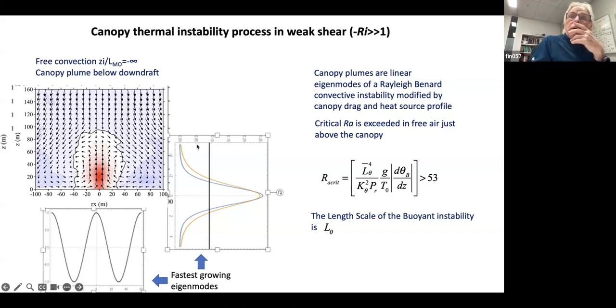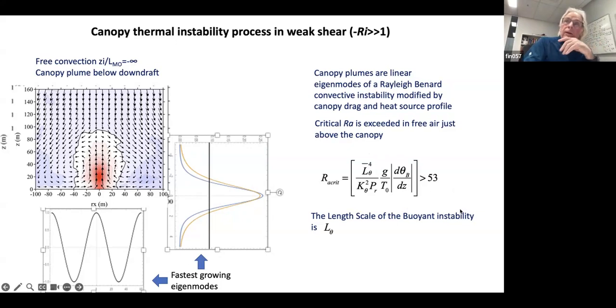First of all, we can look at the results of the linear theory, which gives us a scale of the structures which might emerge. These are the fastest growing eigenmodes, and they are roughly the same size as the eddy structures that we're seeing, both in the horizontal and the vertical. And the critical Rayleigh number, according to the calculations, is exceeded in the free air just above the canopy.